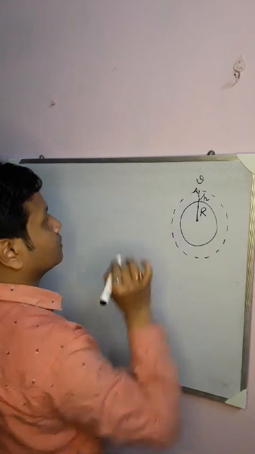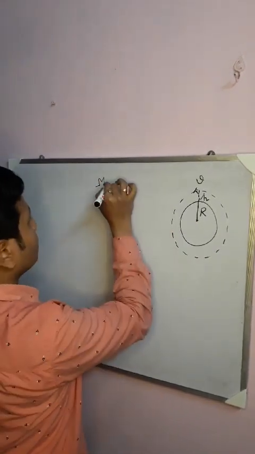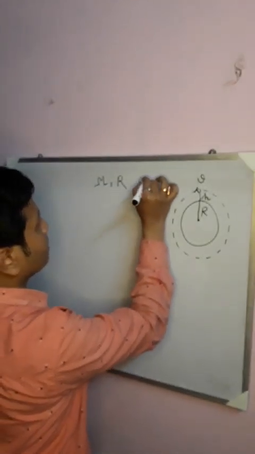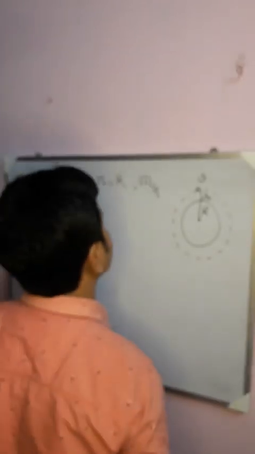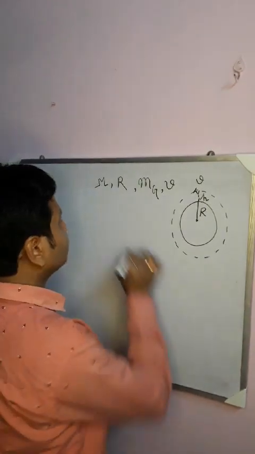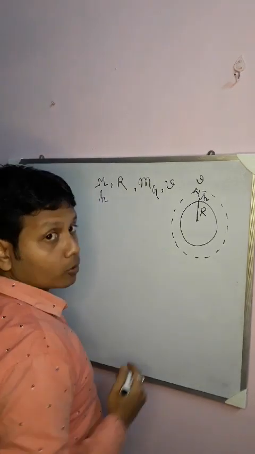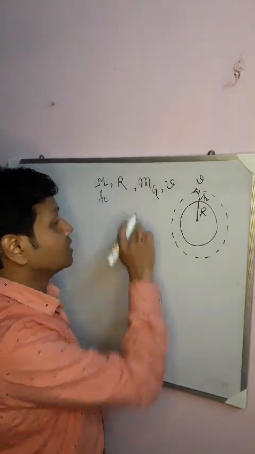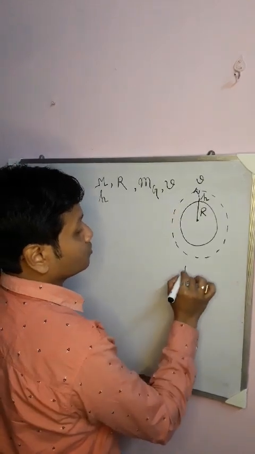We all know that M represents the mass of the earth, R represents the radius of the earth, m is the mass of the geostationary satellite, v is the orbital velocity of the geostationary satellite, and h is the height from Earth's surface. We also take this distance R plus h equal to small r.